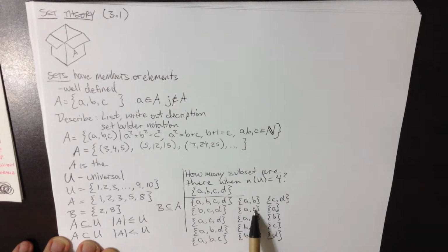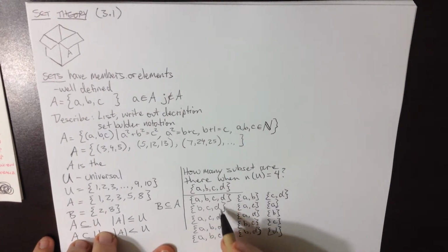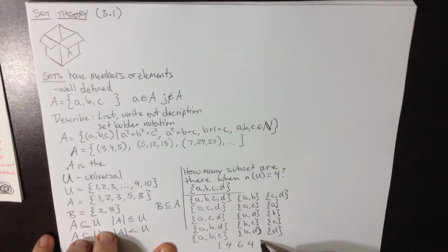You can create AC or BD. You can create AD or BC. See the symmetry there? I wonder if you're thinking about something that we've talked about before. 1, 4, 6, and there's 4 of those. 1, 4, 6, 4. To complete the symmetry, we're going to have this.